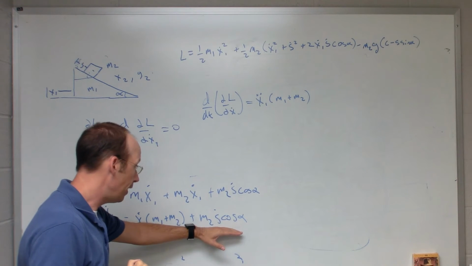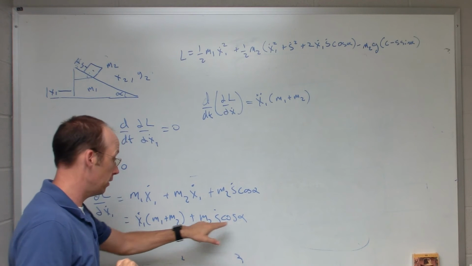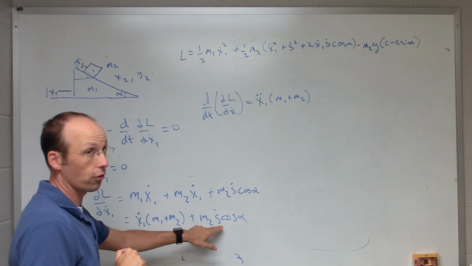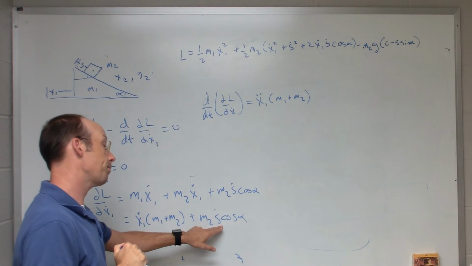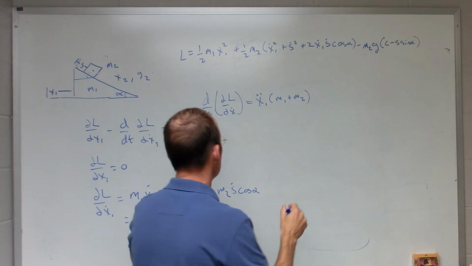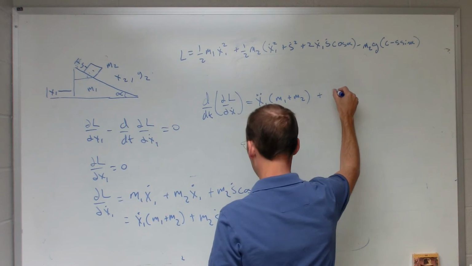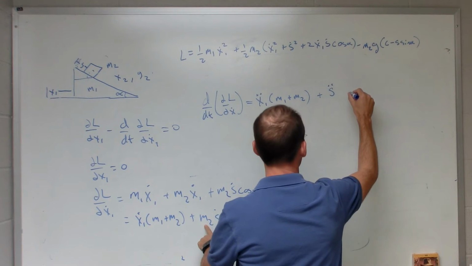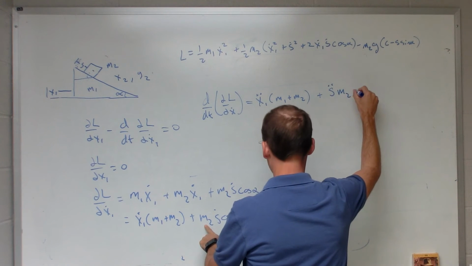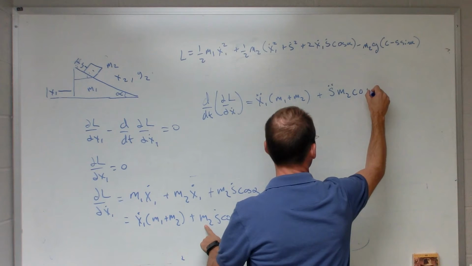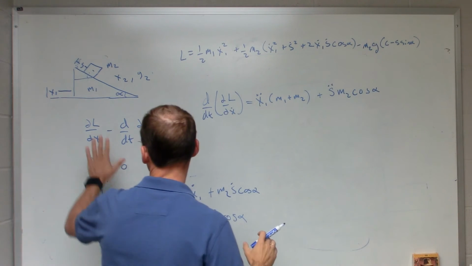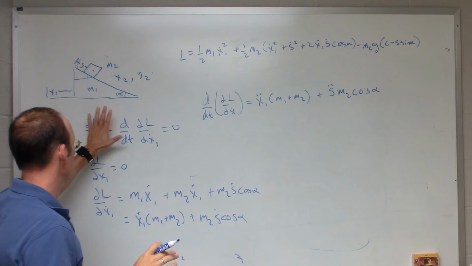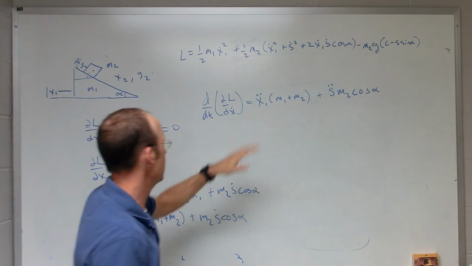Take the derivative of this, again alpha is a constant and m2 is a constant, so the derivative of s dot with respect to time is s double dot. So I'm going to write this as plus s double dot m2 cosine alpha. And since the partial with respect to x1 is equal to 0, then this has to be equal to 0.